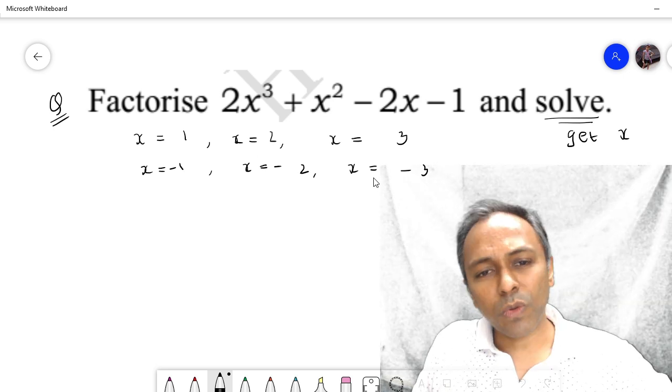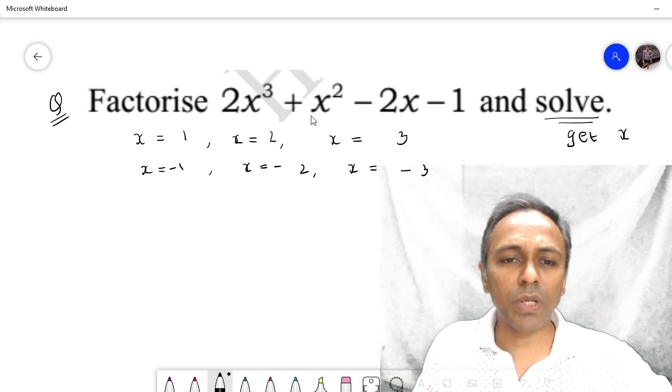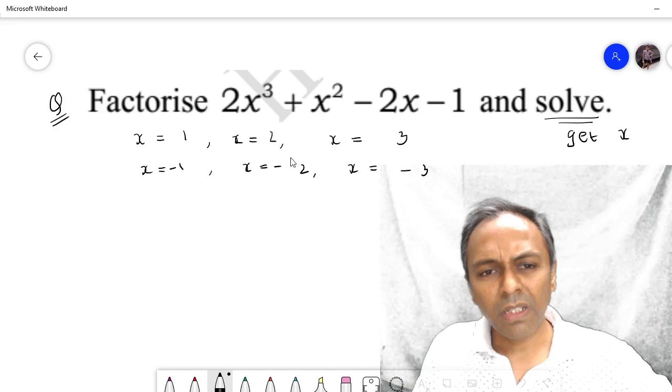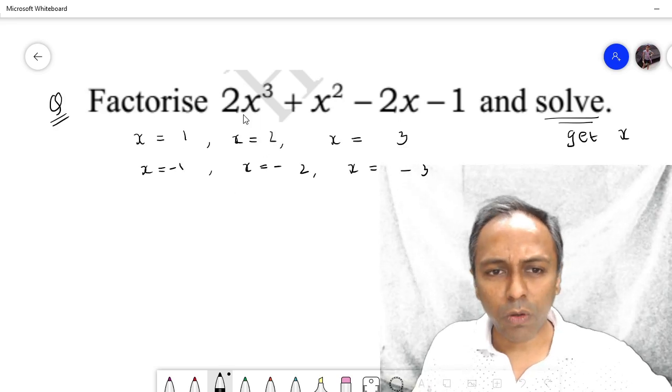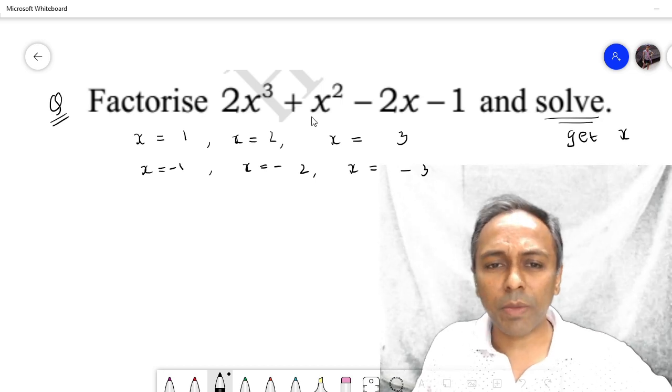Within these 6 values only, as far as your board exams go, one of the values will at least make this 0. More than one value can also make the given polynomial 0. But one of them will surely make this 0.